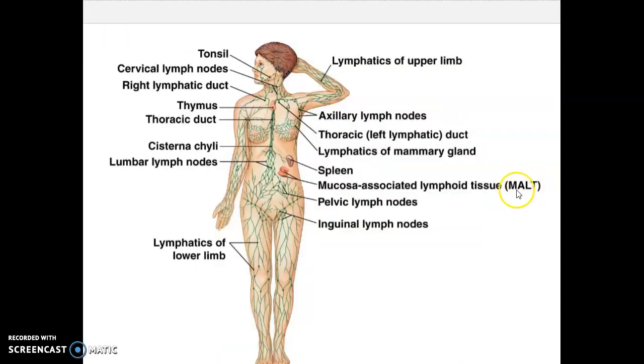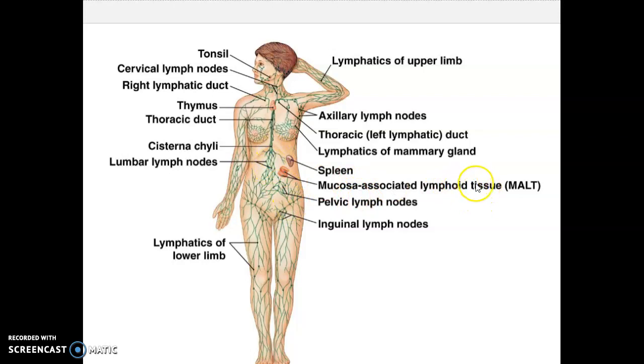Okay, MALT, also known as mucosa-associated lymphoid tissue. MALT is what lines your internal structures, especially your intestines. We know that a mucosa, a mucous membrane, lines every entrance and exit to the body. Since it lines every entrance and exit, it's easier for things to enter the body through the lumen of the mucosa.